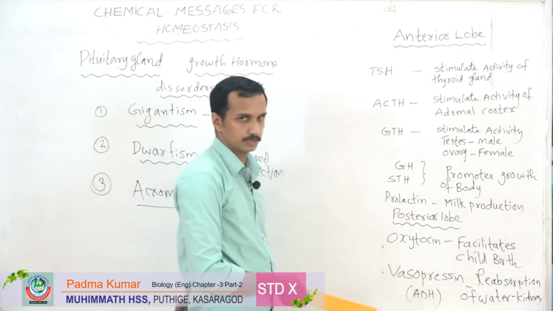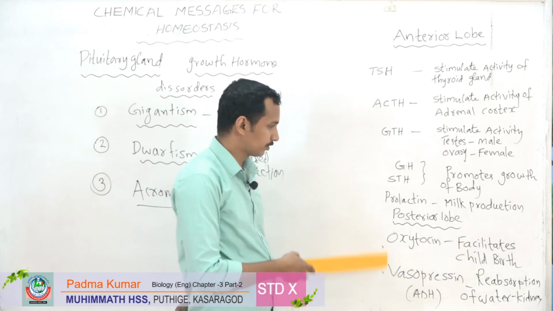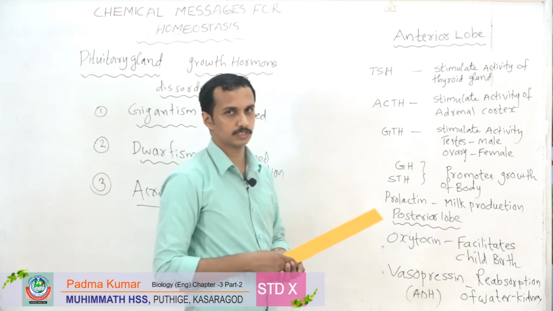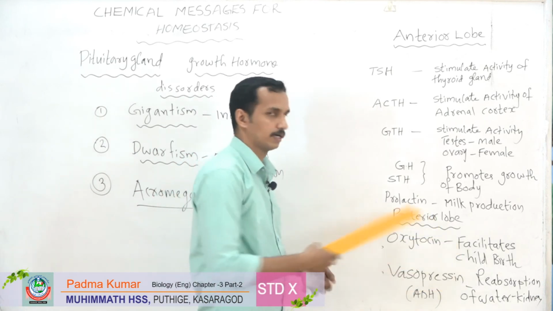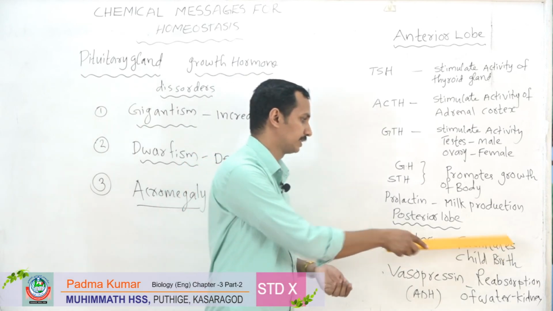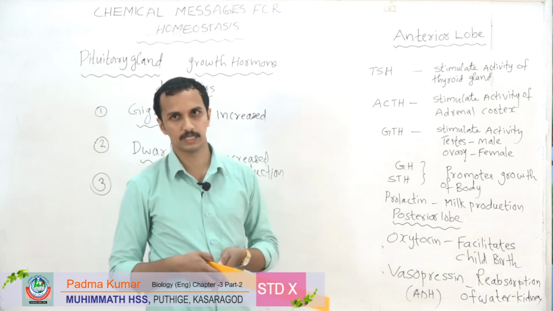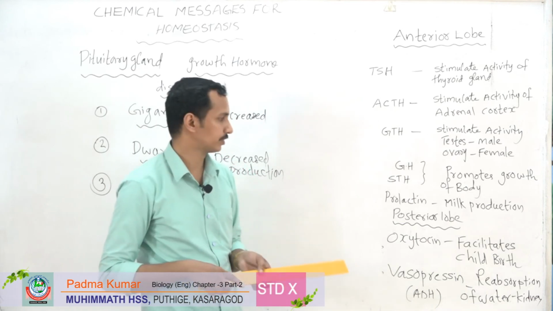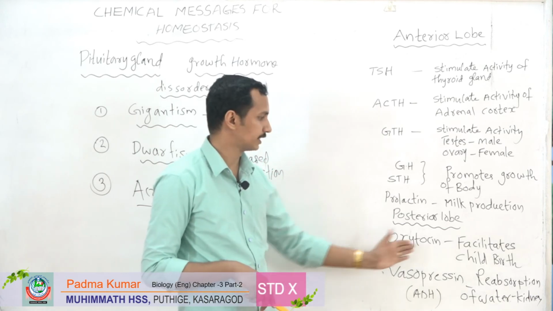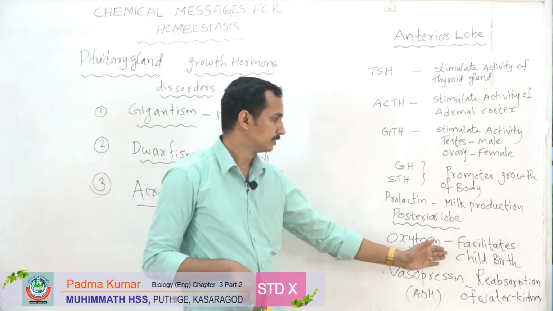Then there is the posterior lobe. Here there are 2 hormones secreted. What are they? The first one is known as oxytocin and the second one is known as vasopressin. Oxytocin facilitates childbirth, so it is also called the birth hormone. It facilitates childbirth through contraction of smooth muscles.